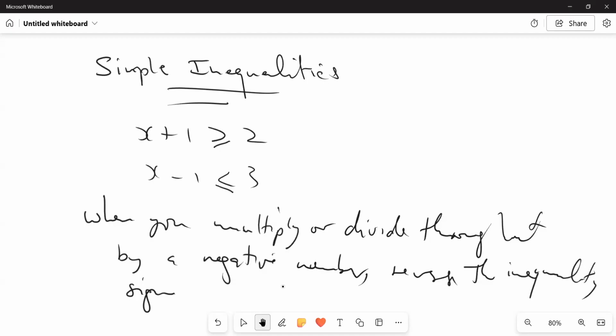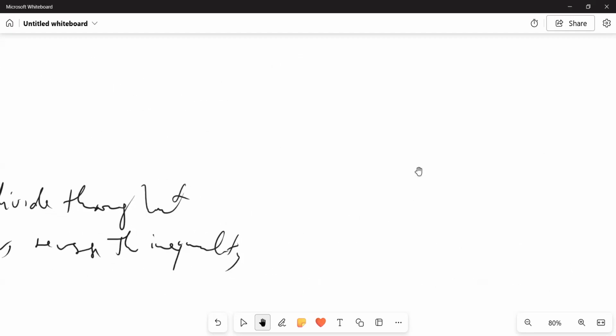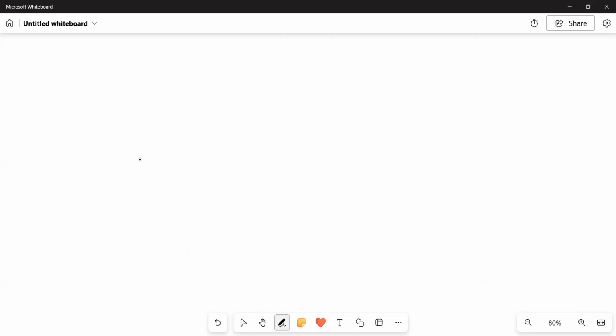Let me illustrate with a few examples. As I said, you have an inequality to solve.